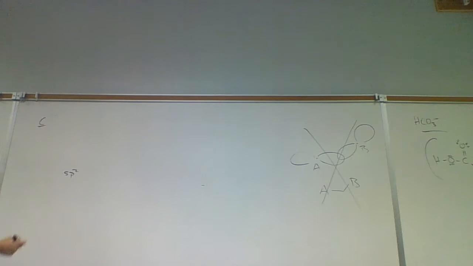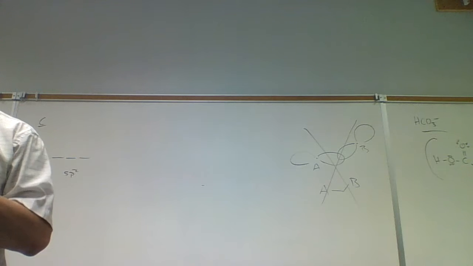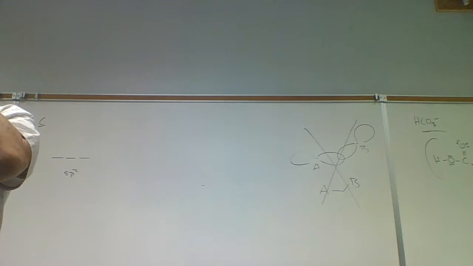So what's the energy level diagram look like for sp2? How many orbitals? 3. You can always figure out how many orbitals by counting. Just one s, 2 p's gives me 3 orbitals, so I have to have 3 sp2 orbitals. sp3, you know, 1 s, 3 p's, that's going to give me 4 orbitals.